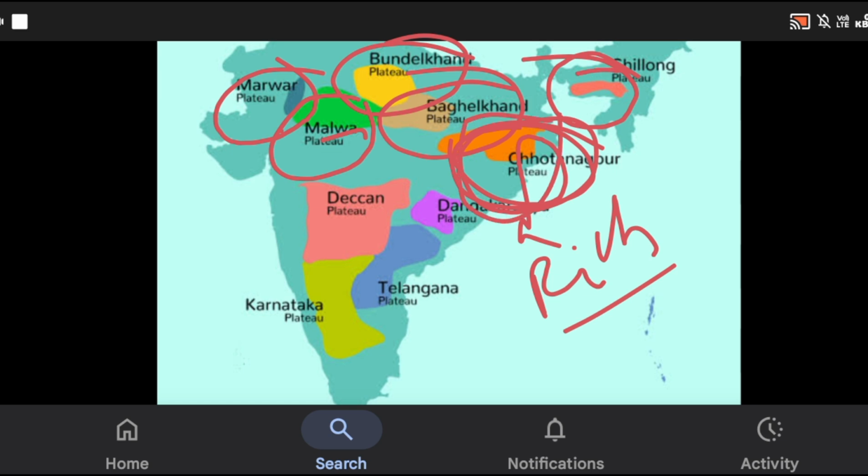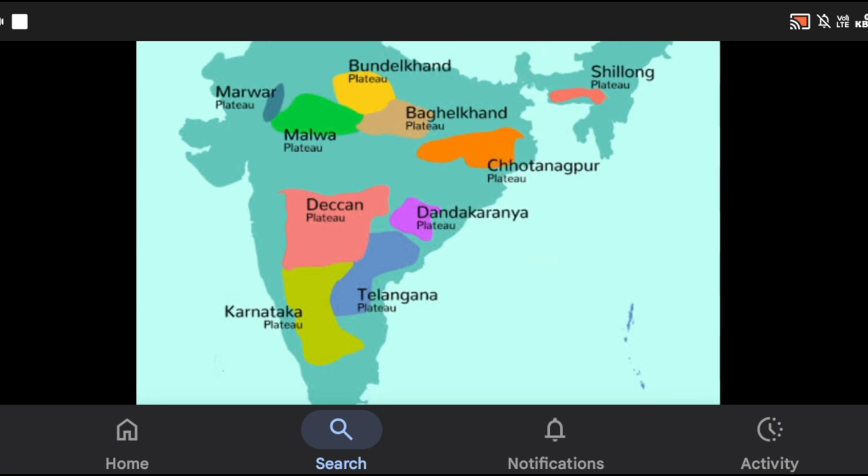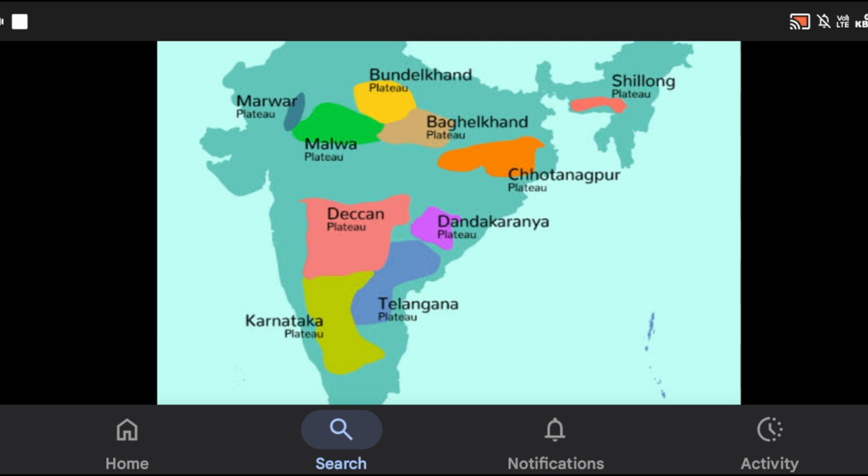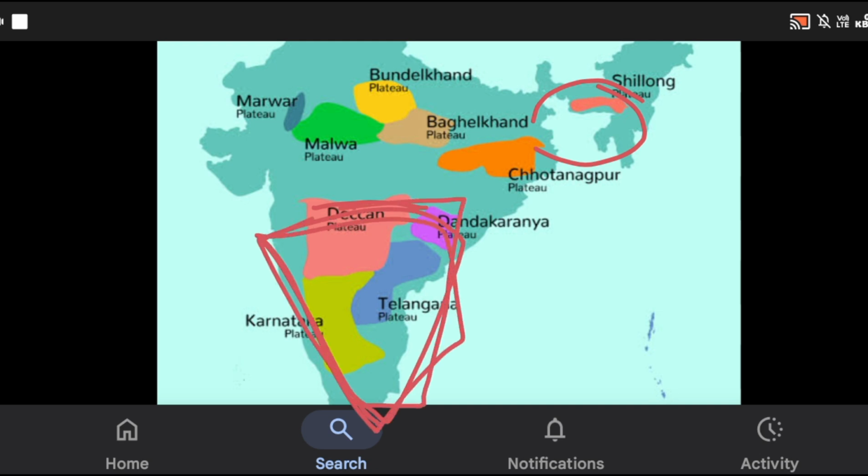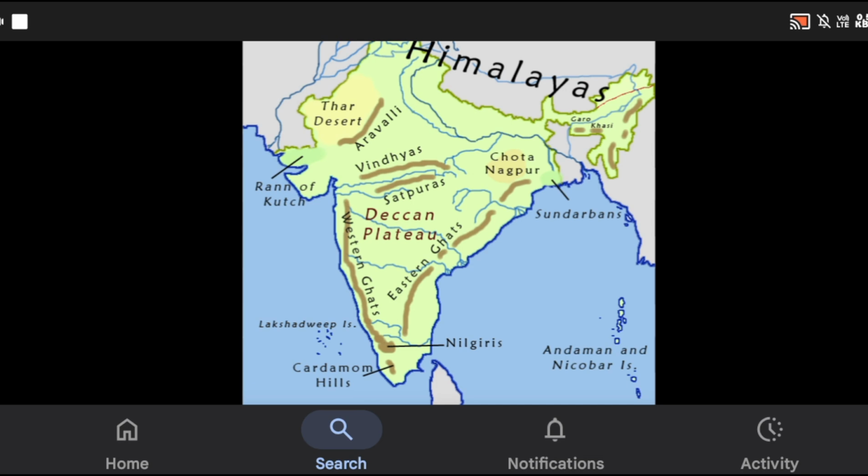The Shillong Plateau is in the state of Meghalaya, whose capital is Shillong, and hence it is named the Shillong Plateau. Our most important topic, the Deccan Plateau, is here; you can figure it out from the triangular portion of the land area. When it comes to the northern edge of the Deccan Plateau, you can find the Satpura and Vindhya.